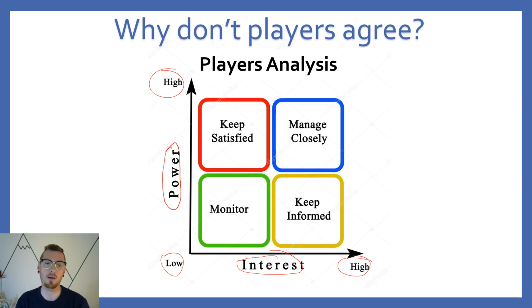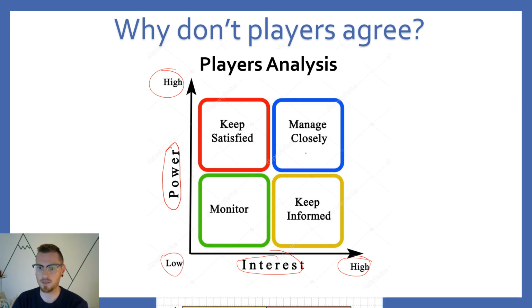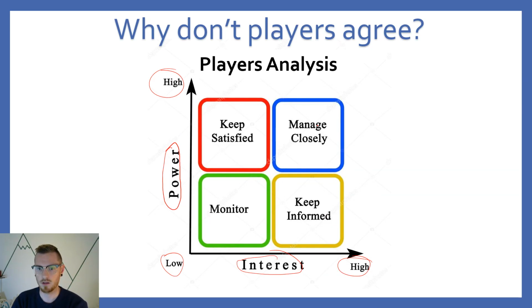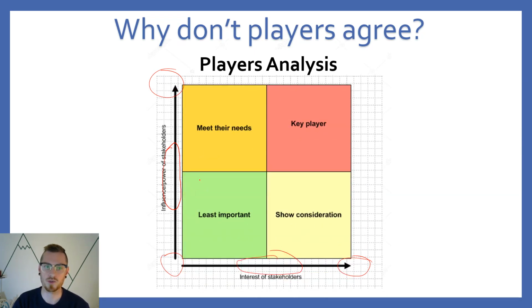Let's say we're looking at mining tar sand production in Alberta, Canada. I'm going to just move it over here actually. Yeah, let's go with this one. I like this one more. So this is still power, and down here we still got interest.